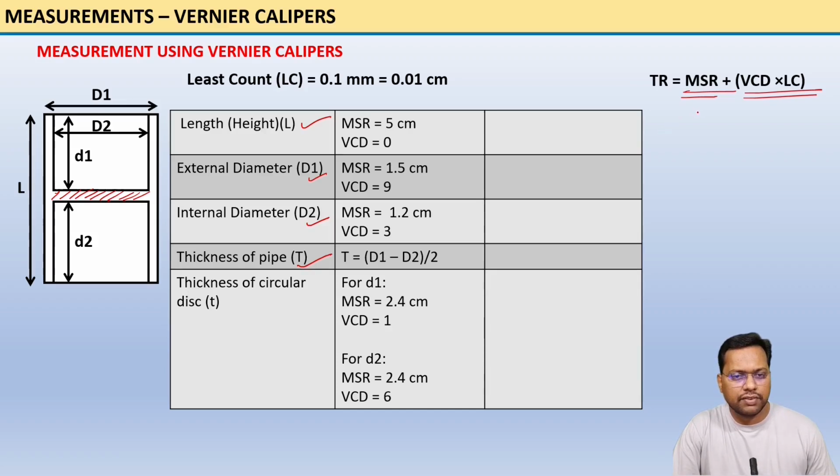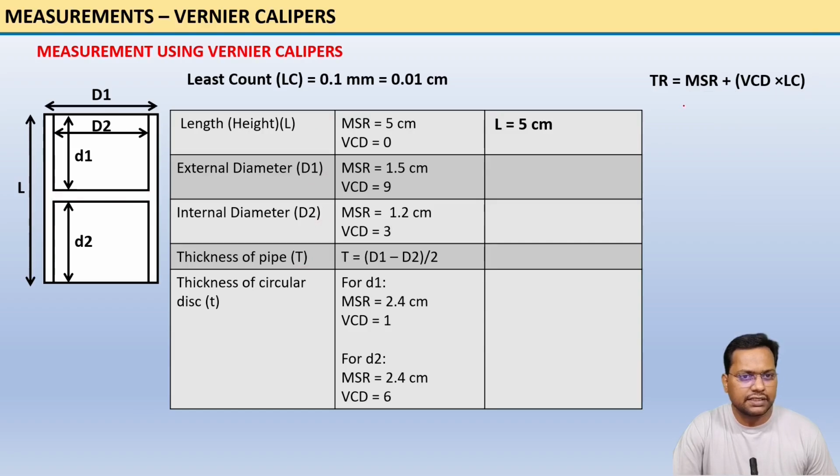First of all, we find out the length of the pipe. So here, for finding length of the pipe, the main scale reading is 5 centimeters plus the vernier coinciding division is 0 into the least count, that is 0.01. I am taking in terms of centimeters. Since the vernier scale reading is 0, therefore the total reading will be the main scale reading itself. Therefore, the length of the pipe is 5 centimeters. Next, we go for the external diameter.